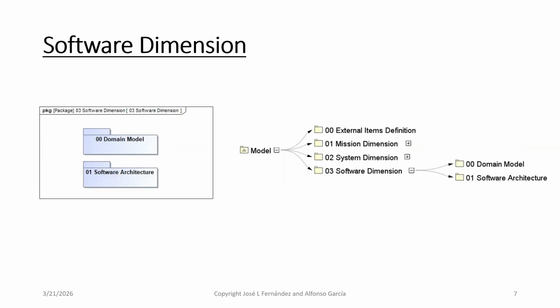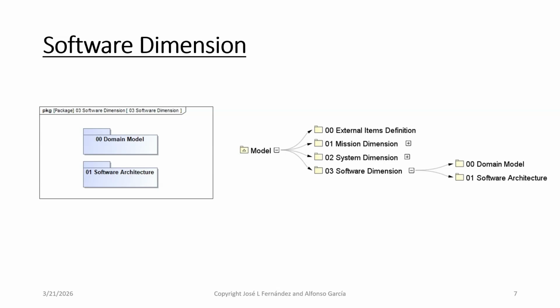Finally, we reach the software dimension, detailing the aspects of the system to be implemented in software. This dimension follows the software architecture process, PPOA, that is introduced in Chapter 4 and 7, and some examples are displayed in Chapter 9.